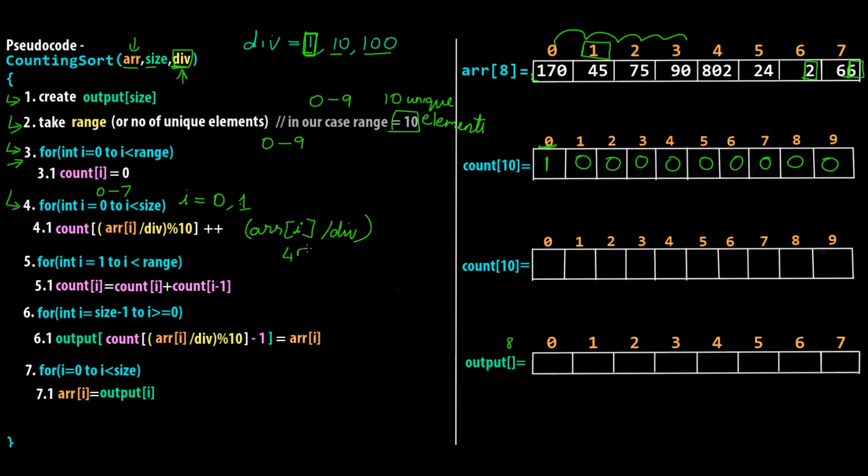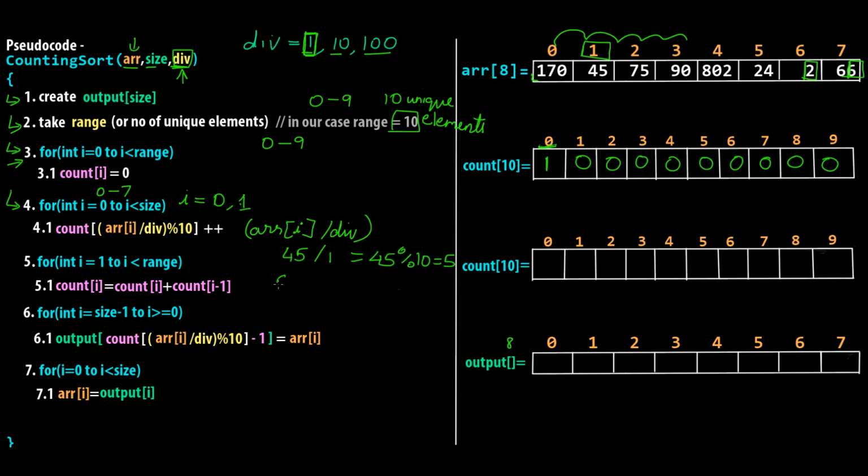So we take 45, we divide it by 1 because initially for the first time div value is 1. That would give us 45 only. Then we say mod 10. When you do 45 mod 10, we get 5 because 45 is not completely divisible by 10. Obviously it is divisible, we get a decimal point number, but in modulo operation, as I mentioned, we only get the remainder, and this remainder is going to be 5.